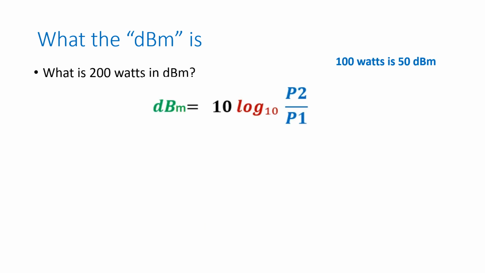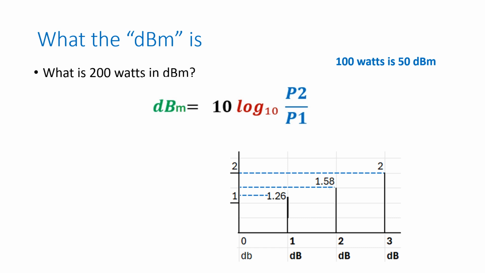All right? If 100 watts is 50 dBm, how much is 200 watts? Again, there's no reason to do any math. We already know that if you were to take 100 watts and double it, you'd be adding 3 dB. So that means 200 watts has to be 53 dBm.